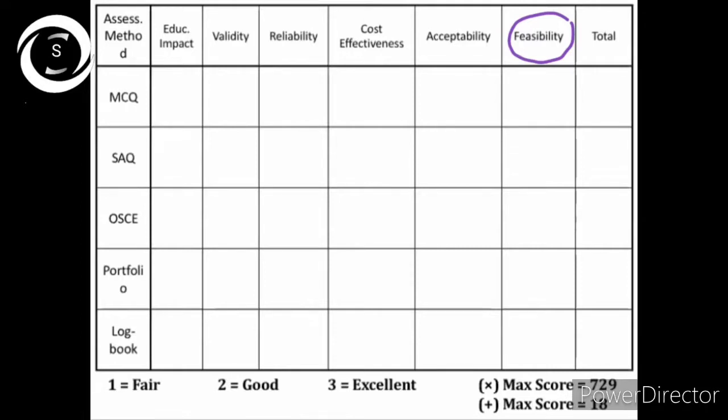Will it be conducted, is it feasible to conduct it in this time or not, like in the corona pandemic? The feasibility of exams is very difficult, because you have to maintain social distancing and this and that.